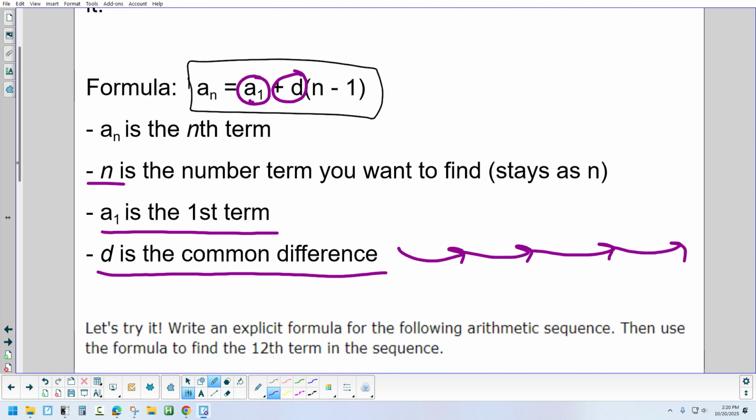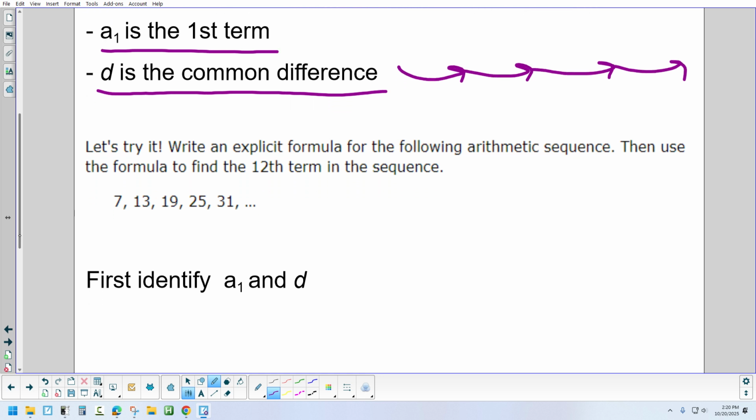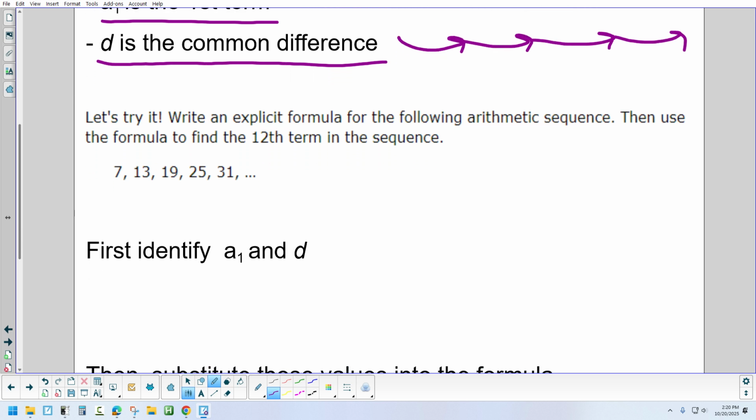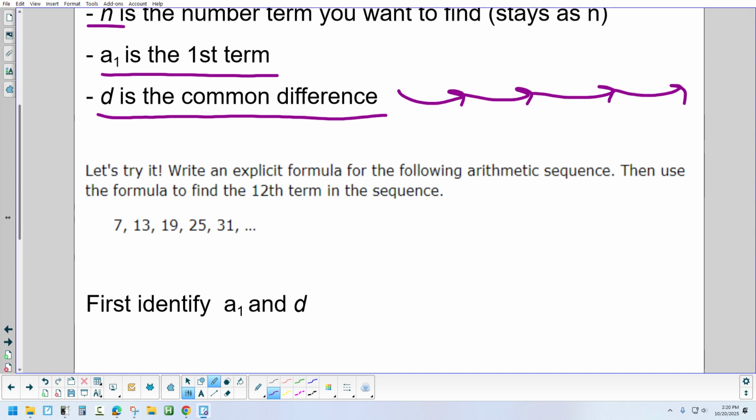All right, so let's try an example and see if we can figure out a pattern. Okay, so they're asking you to write a formula for the following sequence. What is one thing that I definitely need to figure out here that I'm going to have to plug into my formula? Yep, I need the common difference. What am I doing?